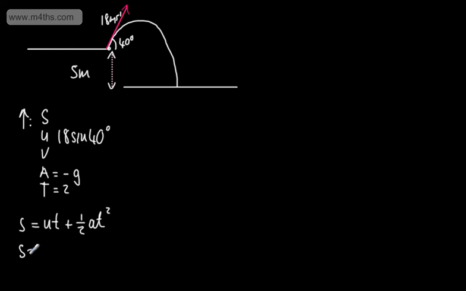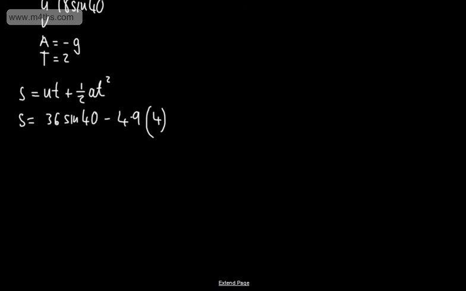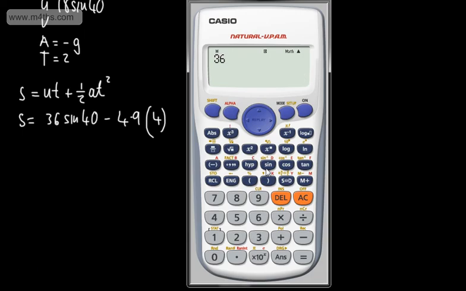We can say s will be equal to 18 sine 40 times 2, which is 36 sine 40, minus 1/2, and remember g is 9.8, so minus 4.9 t squared, t is 2, and that's going to give me 4. So let's go ahead and work that out. We've got 36, so 36 sine of 40 degrees.